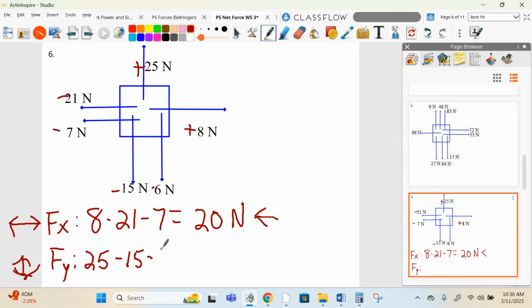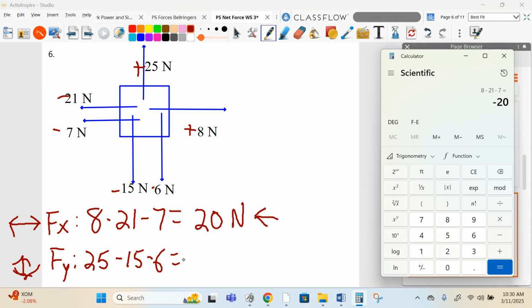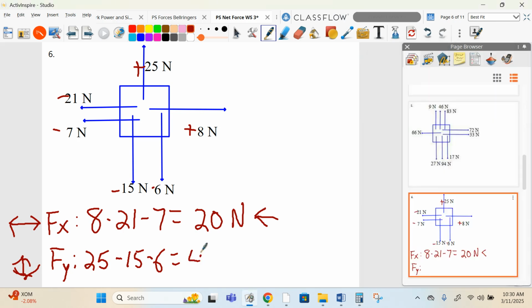I'm subtracting 15, I'm subtracting 6. So 25 minus 15 minus 6, that's going to give me 4 newtons. Since I ended with a positive value, up is my positive for the y dimension.